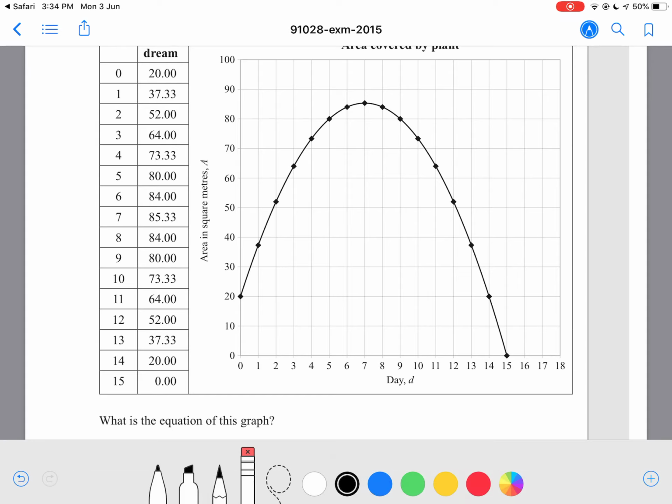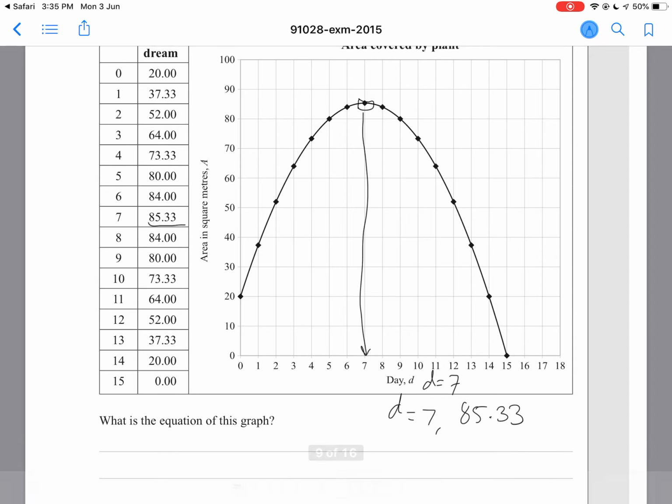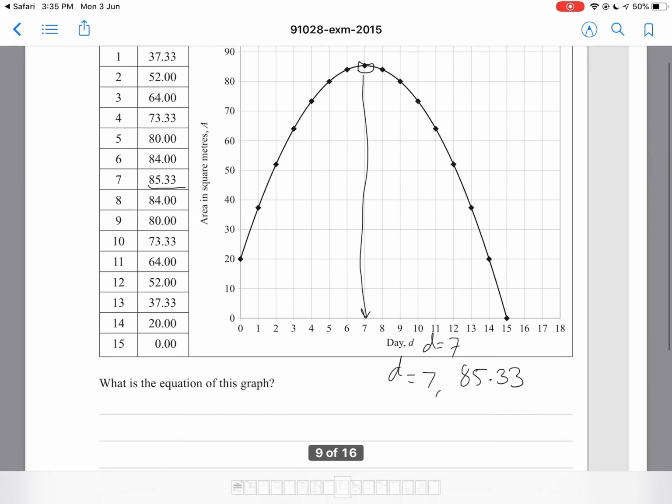As you can see, our highest point is here, and that is at d equals 7. So when d equals 7, our area in square meters is 85.33. So we're going to use the vertex equation here.